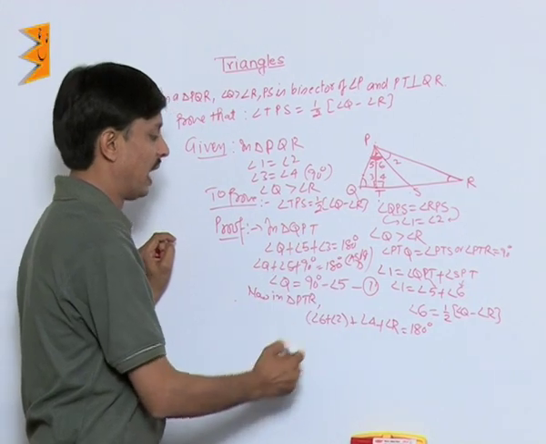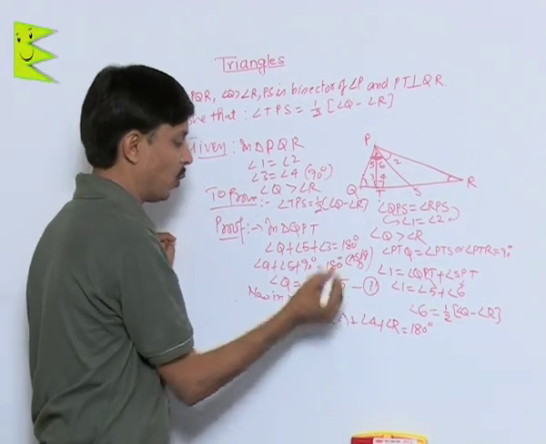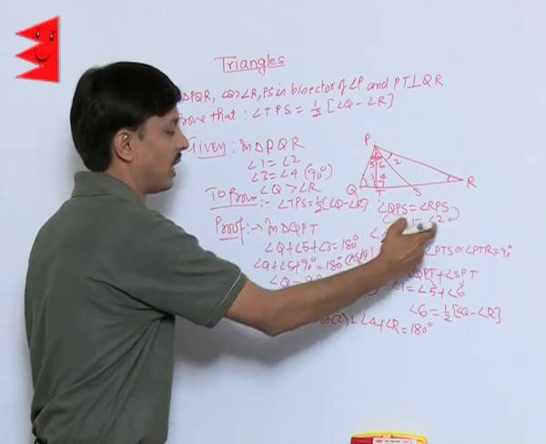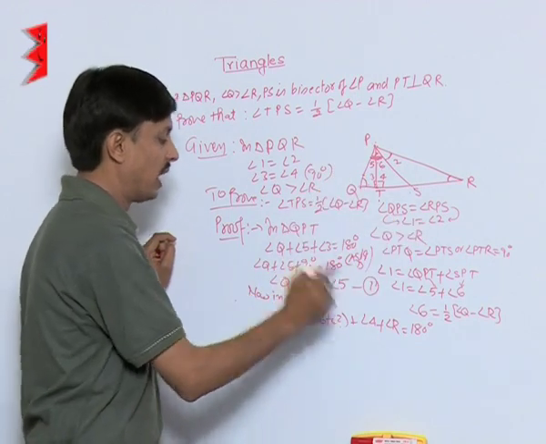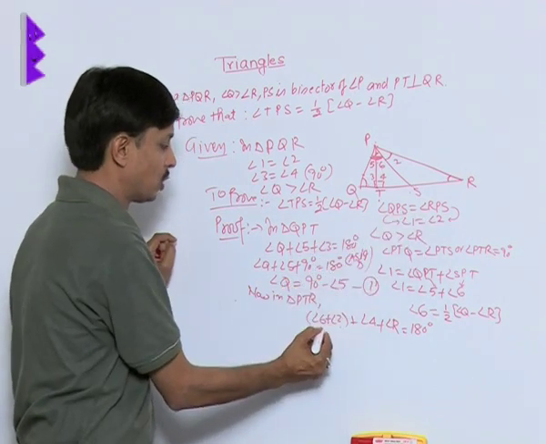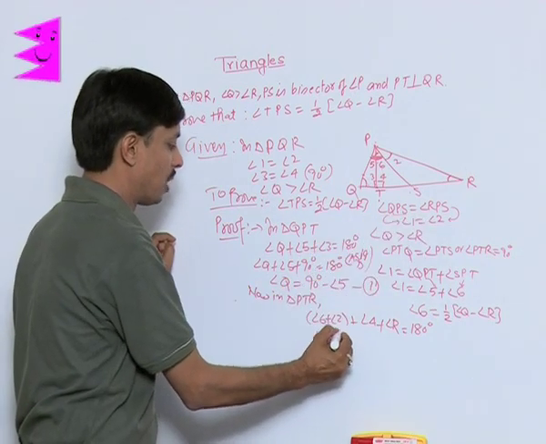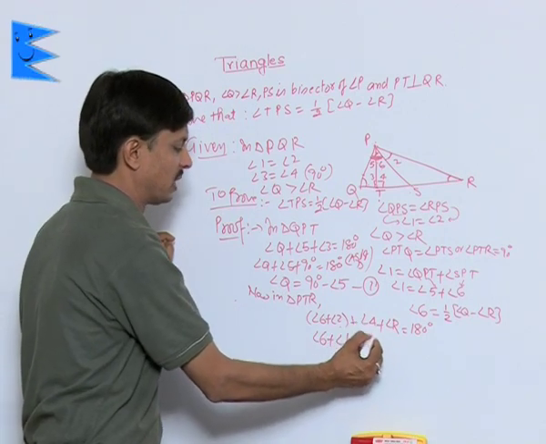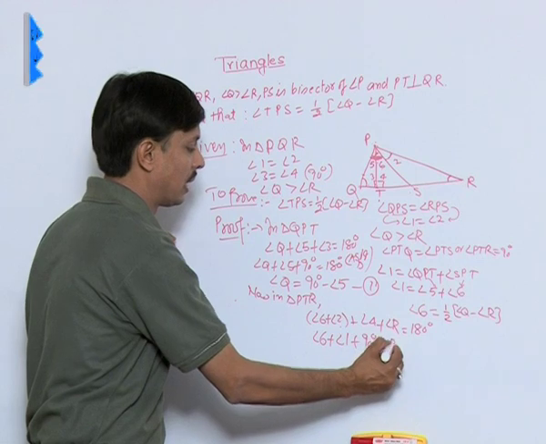But you know it well that this angle 2 is equal to angle 1 from here. So in place of angle 2, I can write angle 1. So this becomes angle 6 plus angle 1 plus angle 4, which is 90 degrees, plus angle R is equal to 180 degrees.